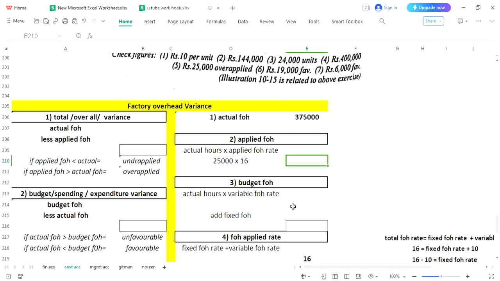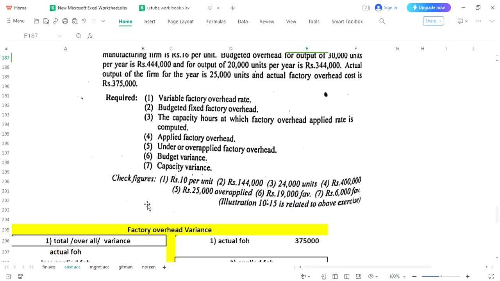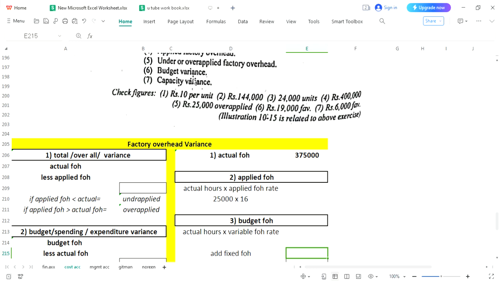So actual hours were 25,000. You can see these are actual output, 25,000 units, and the total rate of 16 was also mentioned in the question. This is 16. So hopefully you have understood. It's time to calculate it.